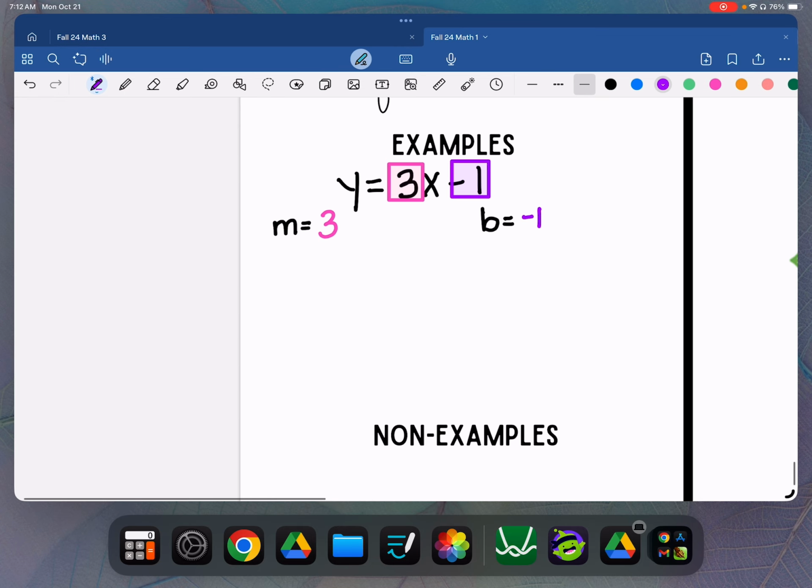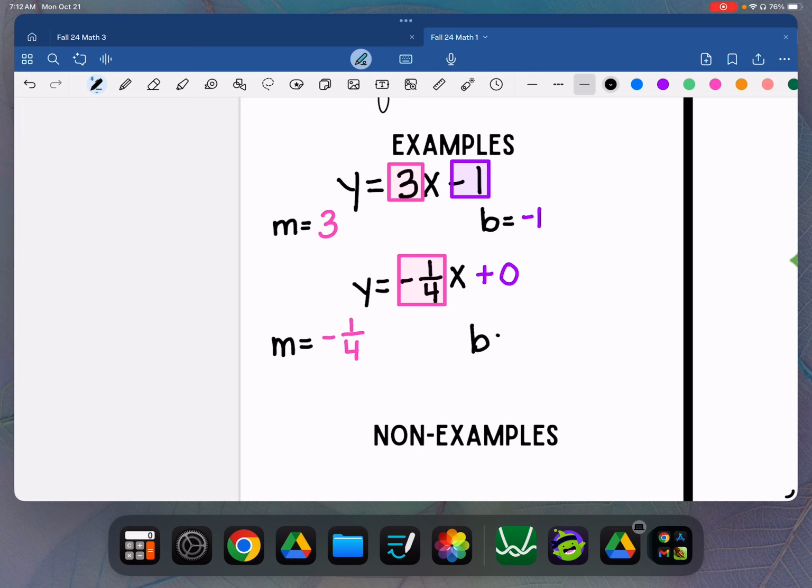Another example would be y equals -1/4 x, and I want to identify the slope and the y-intercept. Again, the number being multiplied with the x is always the slope. Y equals mx plus b. So my slope is -1/4. In this particular example, we don't see a b value, so we automatically know this is +0.